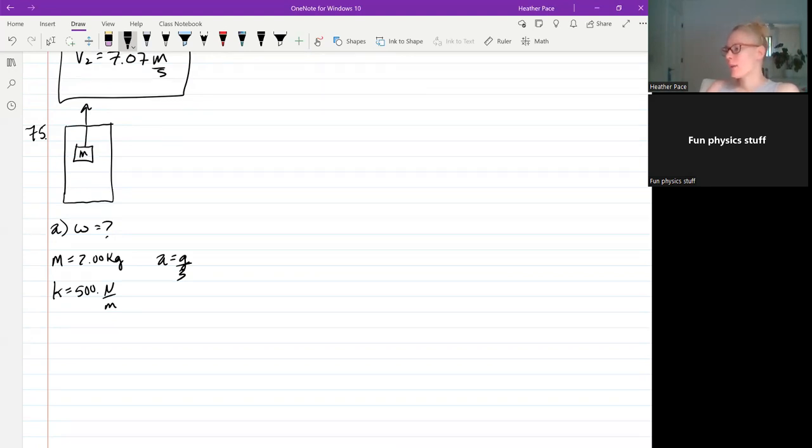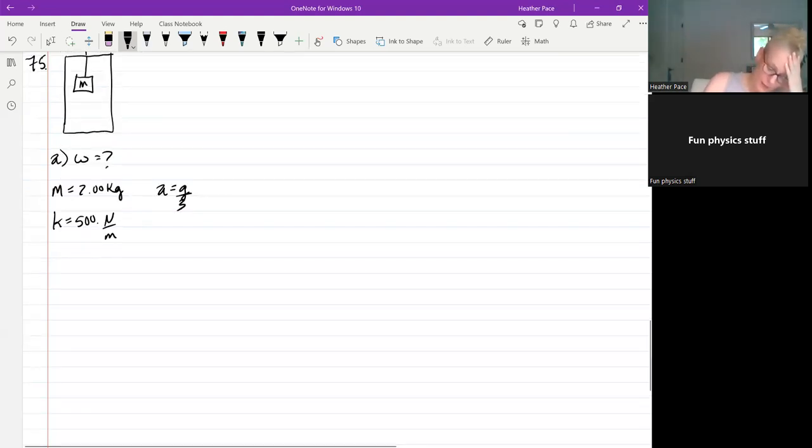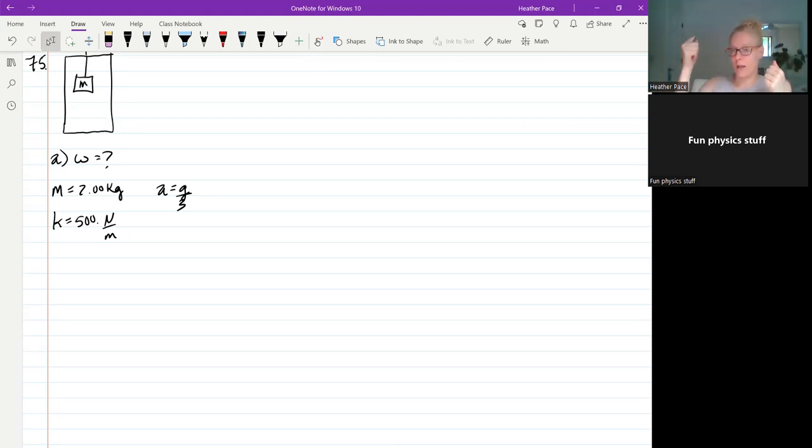So what is the angular frequency of oscillation of the block after the acceleration ceases? So this is really simple because we know that if we don't have this acceleration, we know this.